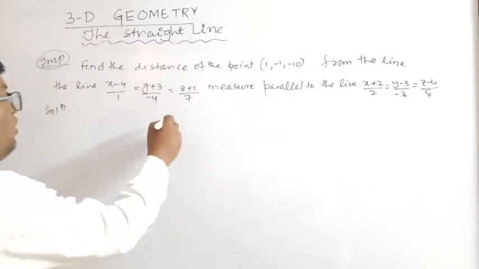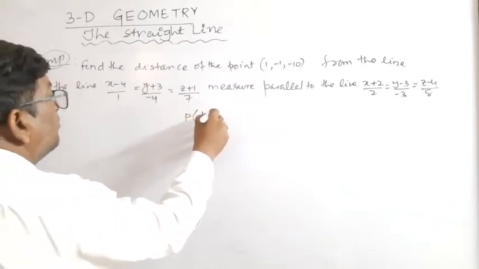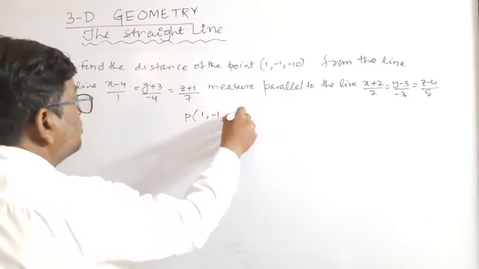Solution: this point is (1, minus 1, minus 10).